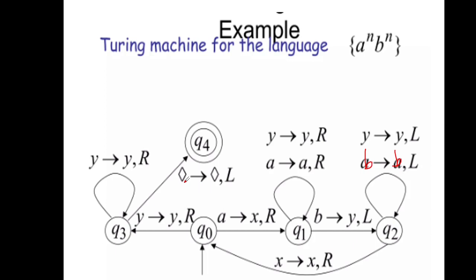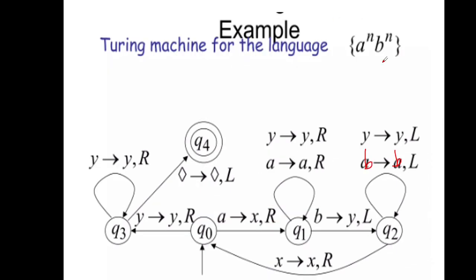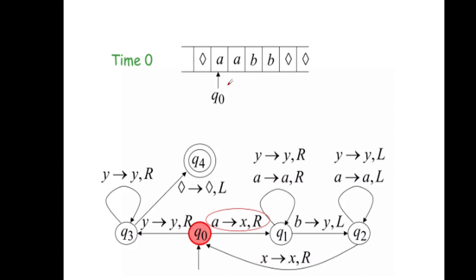As an example we can take the string AABB. It is acceptable because any number of A's and any number of B's can be accepted by the machine, but the number of A's and the number of B's can be equal, since A power n, B power n.